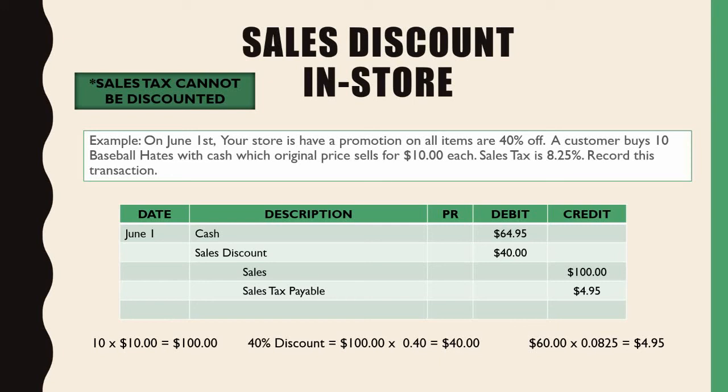But it is written on the receipt exactly like this, right? You have the amount of cash that they gave you, the amount of sales at full price, plus the discount item on there, plus the tax that you're charging your customer. So this is it. All right. Any questions here?